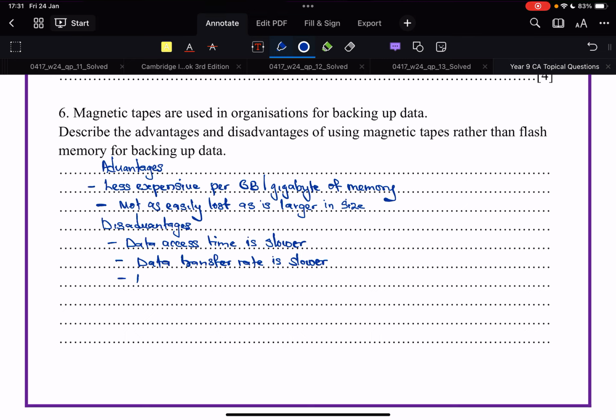Another thing is that it is affected by magnetic fields.